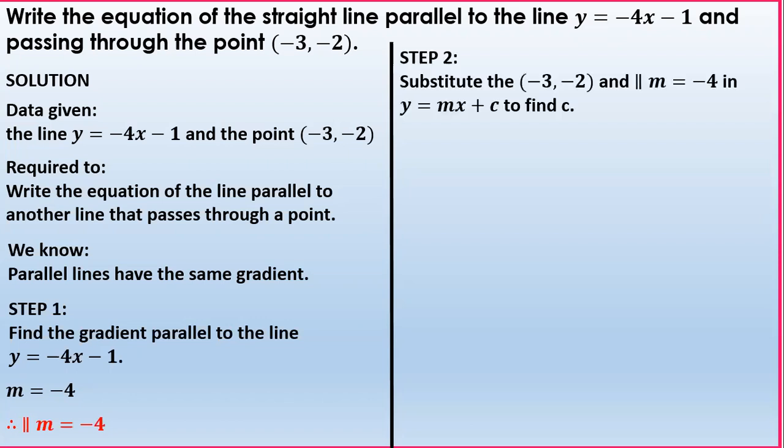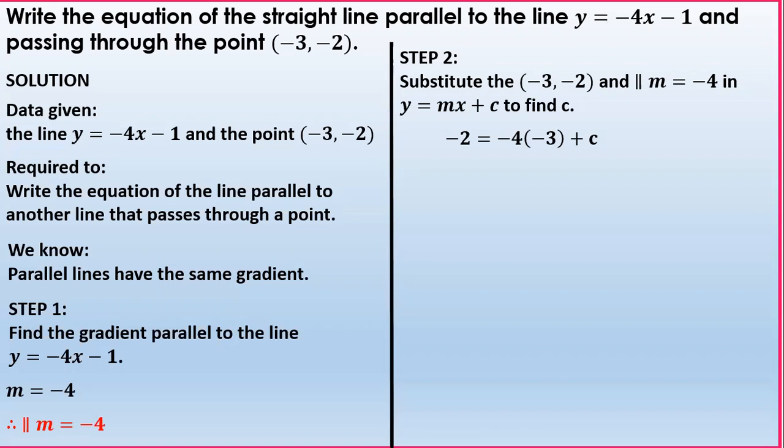Step 2. We are going to find the C. But how are we going to find the C? We are going to substitute the point -3, -2, and the parallel gradient -4 in the equation y is equal to mx plus c. X is -3 and y is -2.